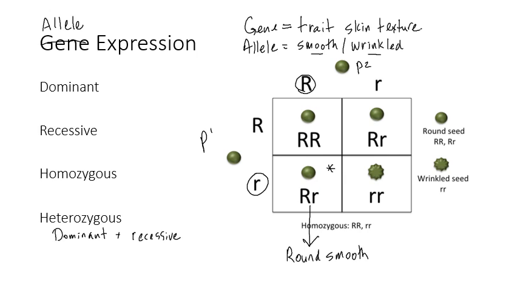And remember, just because what's being expressed phenotypically is round and smooth, that doesn't mean that the other trait disappears. That can be passed on in another generation, because what we're seeing, round, smooth, is in the phenotype. And in the genotype here, we still have this recessive trait.